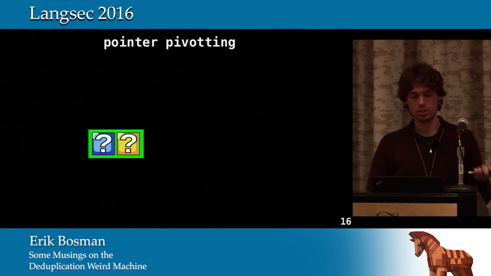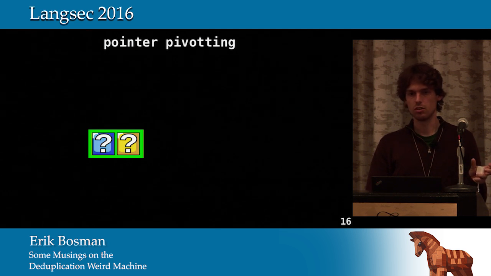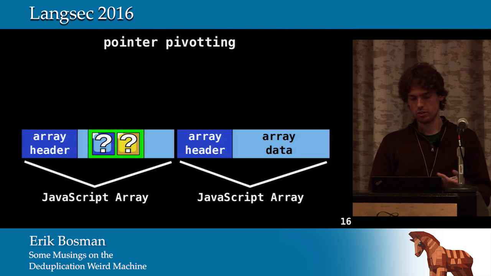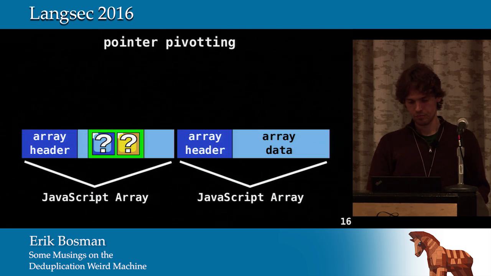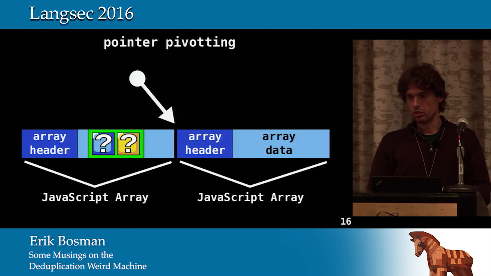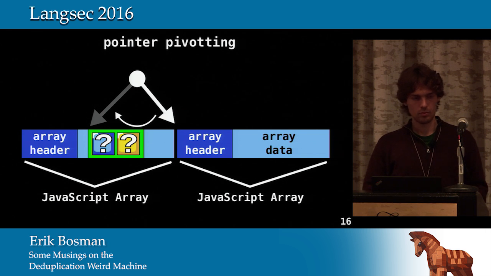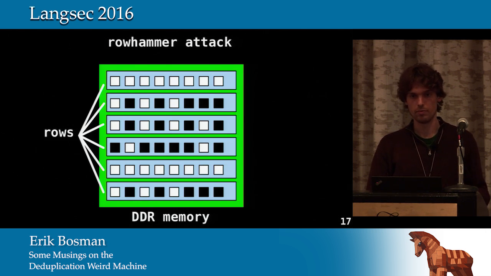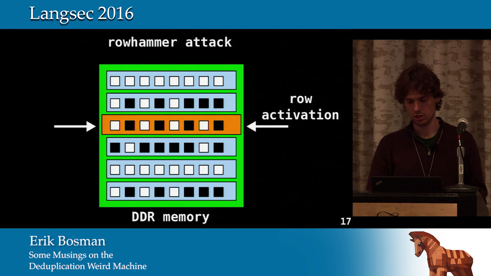To complete the attack, we now can create a fake object inside a JavaScript array. There's another JavaScript array which has a pointer to it, and then we need to change this pointer to our fake object. For that, we use the Rowhammer primitive.